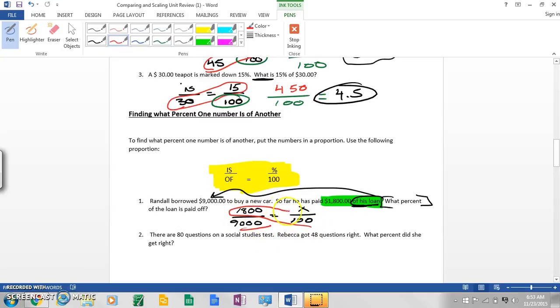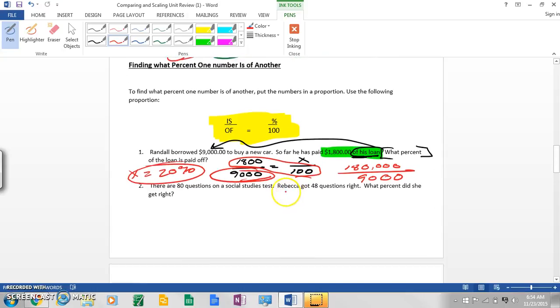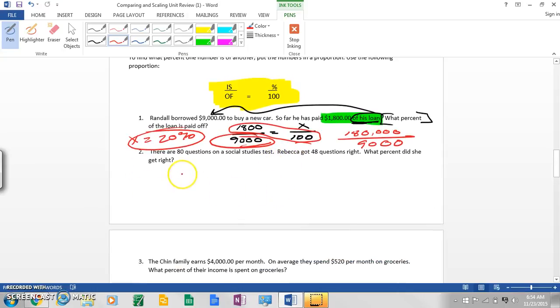Multiply these two, and then divide by what's left, 9,000, to get x equals 20%. Keep in mind we are trying to find a percent here, so we have to indicate that our answer is a percent.